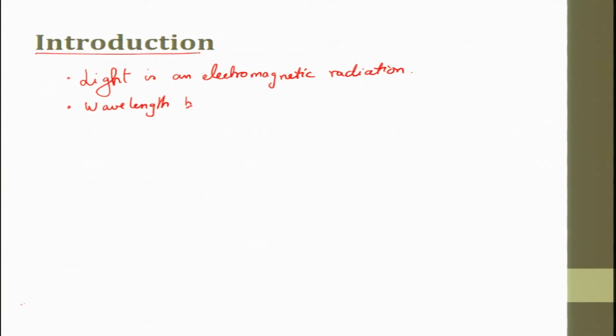Light is an electromagnetic radiation. It falls in the wavelength between 400 nanometer to 700 nanometer.